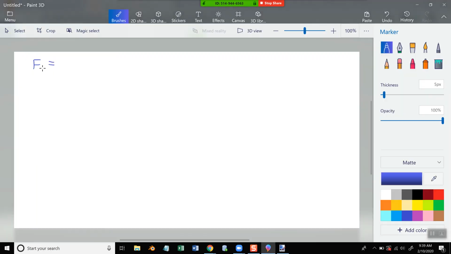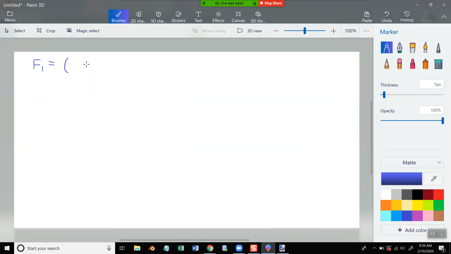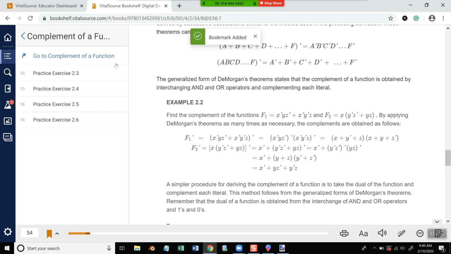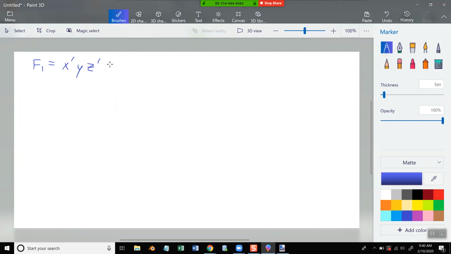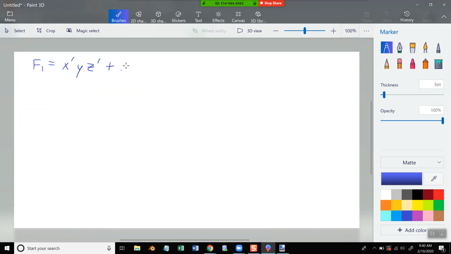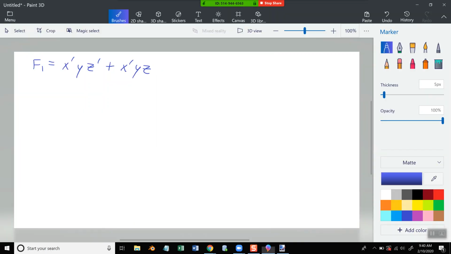F1, I guess, equals x prime y z prime plus x prime y prime z.